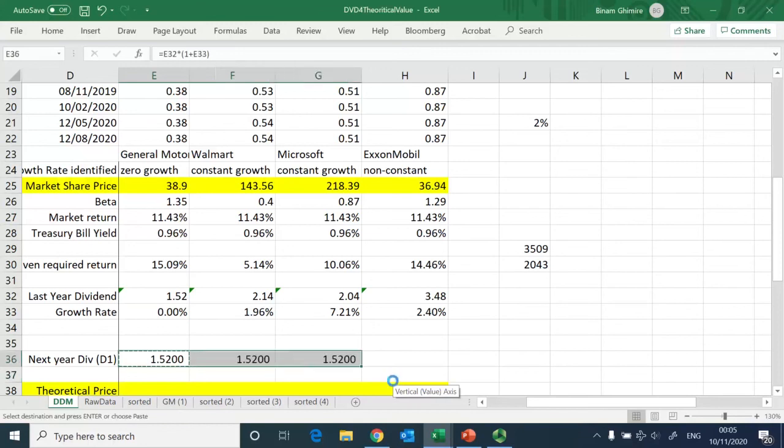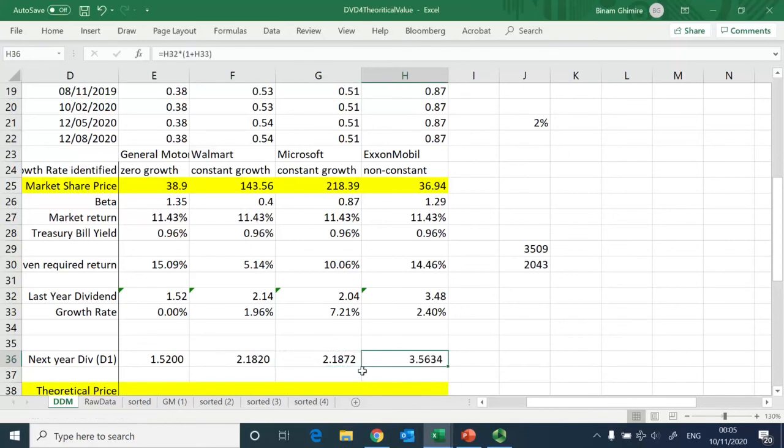But moving ahead, for other two companies they are different, and for ExxonMobil this will be different as well. So it is not 3.48 but 3.56, because that's the growth rate that we have considered.